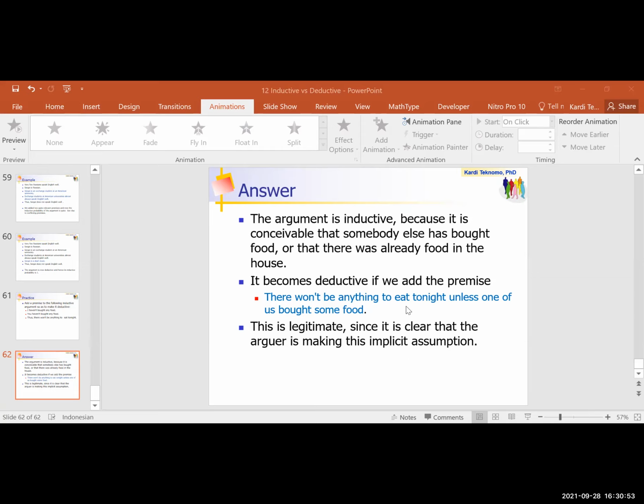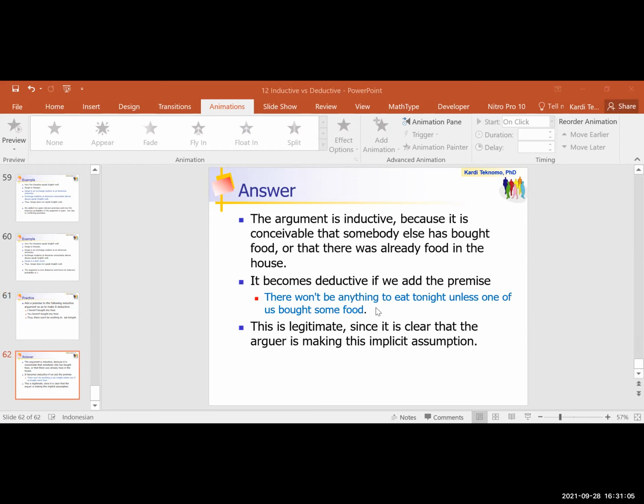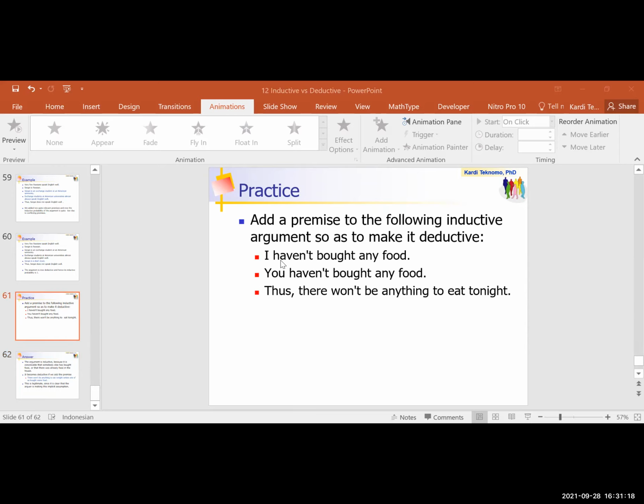Because when we add this premise, suddenly this is no longer probability, right? But there's still probability, sir. There could be food at home without us buying the food. Or maybe the food from last day. But if you look at the context here, I haven't bought any food.